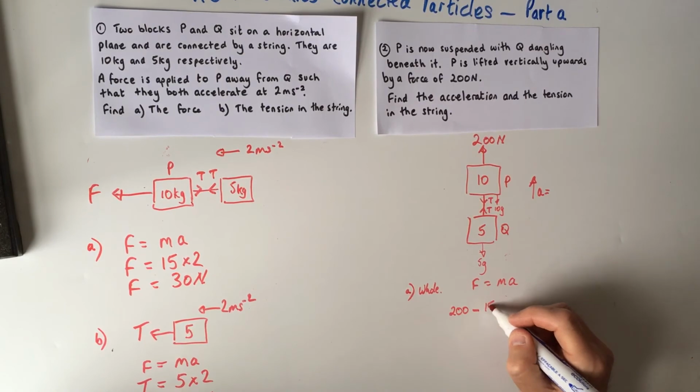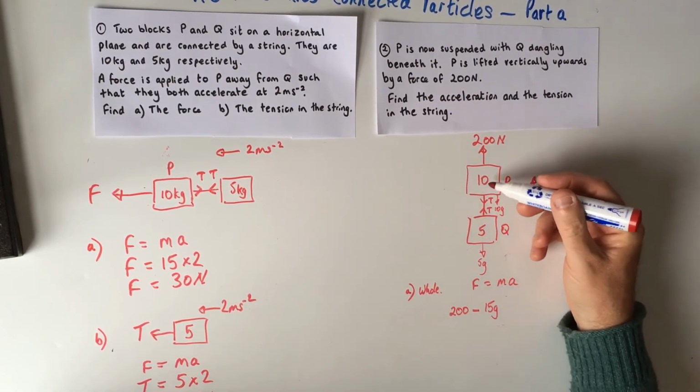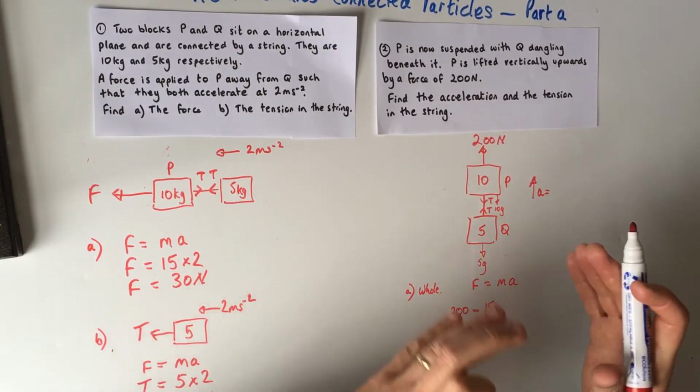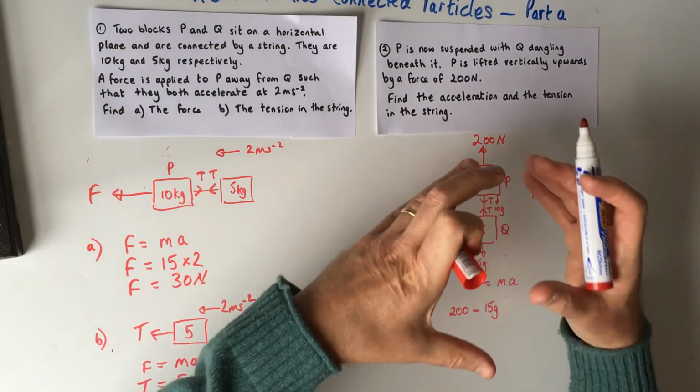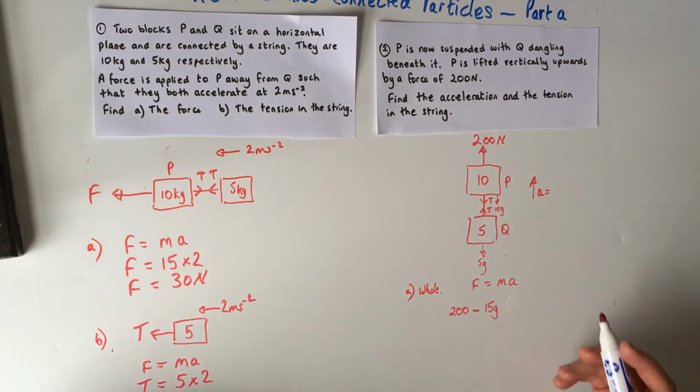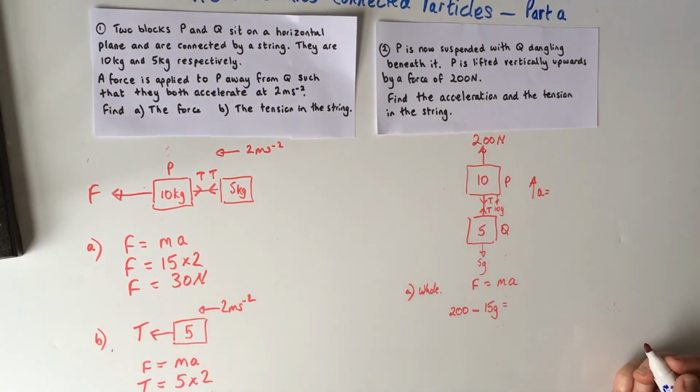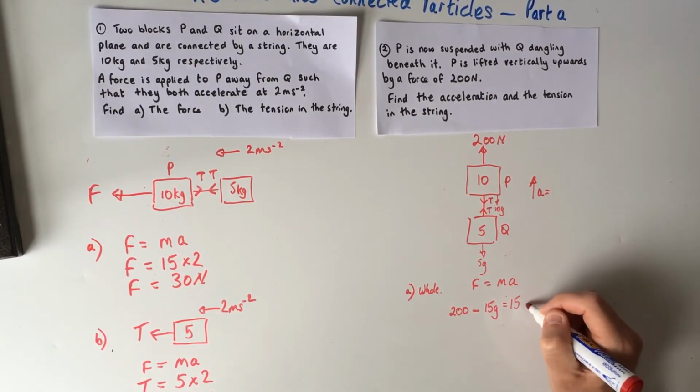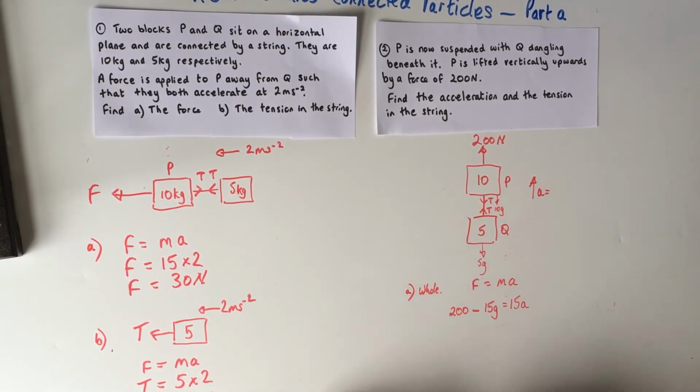Now 15g is acting down, isn't it? 10 and 5 make 15. 15 kilograms, the weight is 15 times 9.8 in terms of newtons as a force. And the mass is 15 times acceleration.